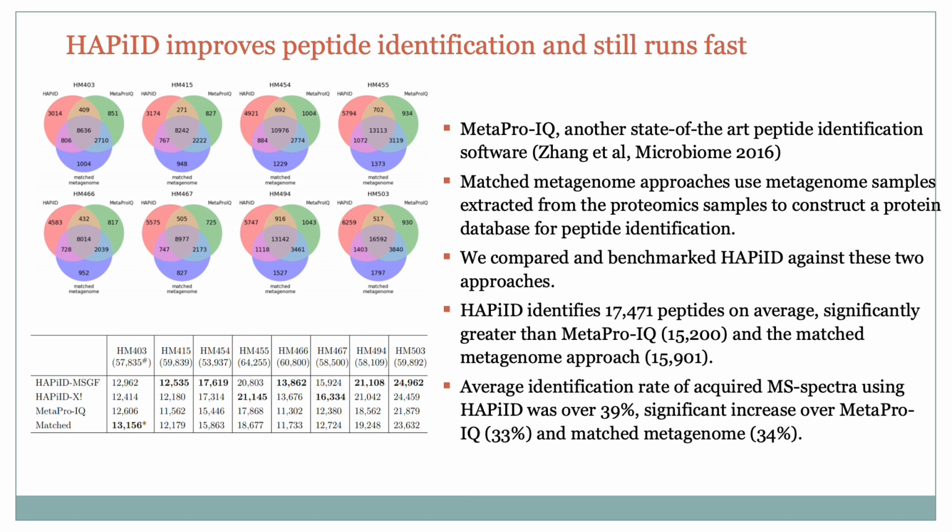The results show that HiTSeq can identify more peptides compared to MetaPro-IQ. At the same time, it's faster, and the identification rate using HiTSeq is even higher than when the matched metagenome was used for the identification of peptides.